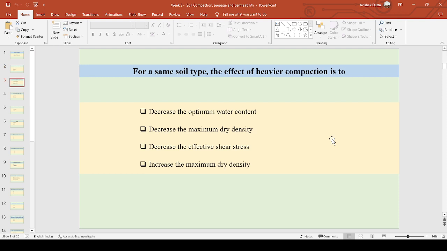This is an MSQ, multiple select question, so more than one option might be correct. For the same soil type, the effect of heavier compaction is to, the options are decrease the optimum moisture content, decrease the maximum dry density, decrease the effective shear stress, or increase the maximum dry density.